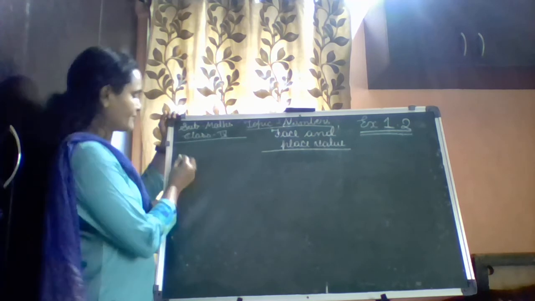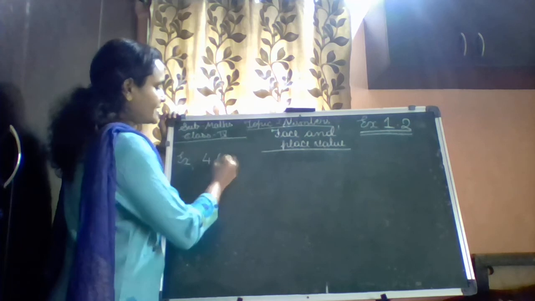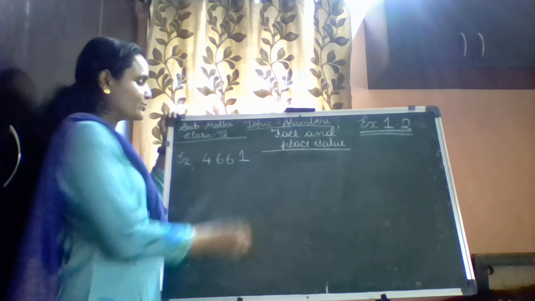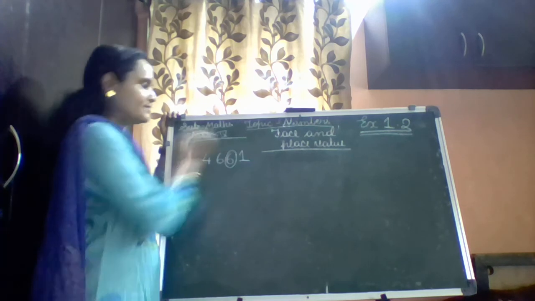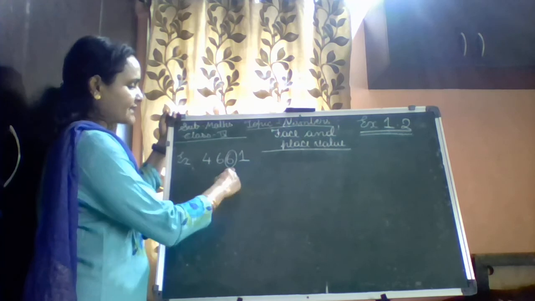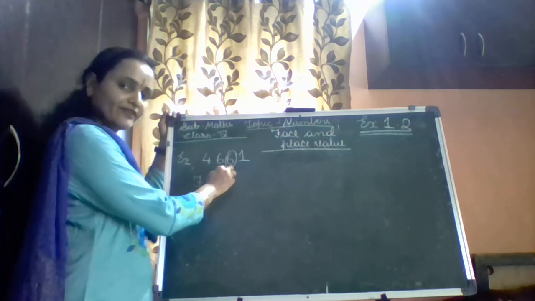So now for example, if I give you example as 4661, okay, and I ask you to write the face value and the place value of 6. Okay, so now here in this case, the face value would be the number where it is, in which place it is.